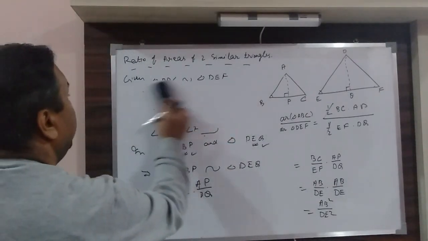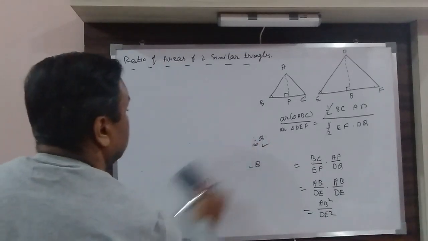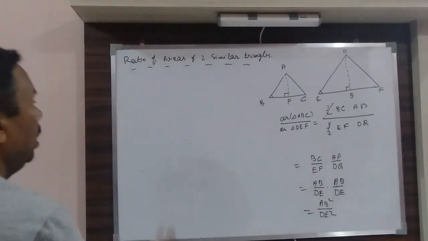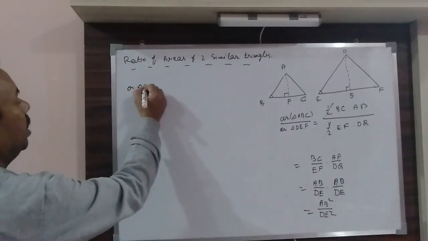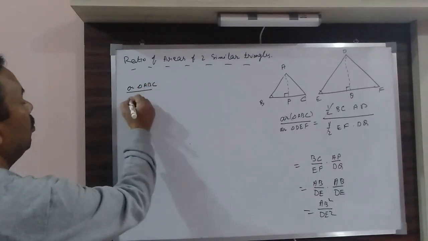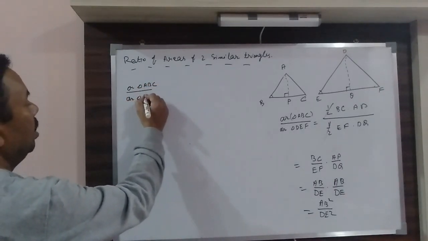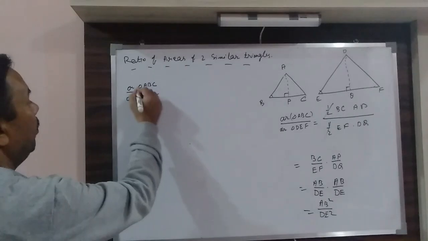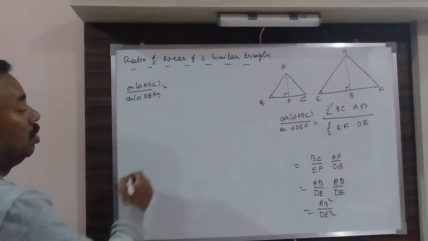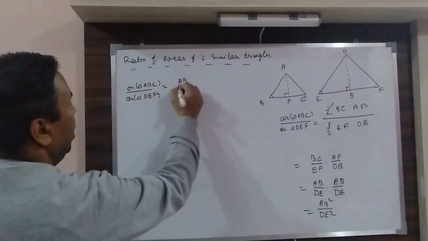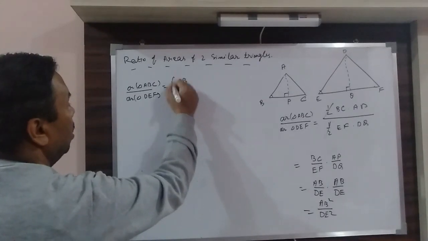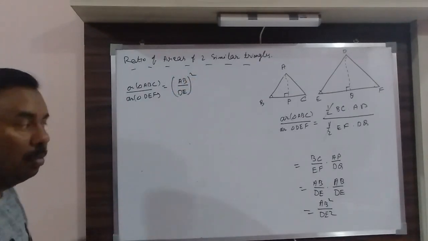So I can write that area of triangle ABC over area of triangle DEF is equal to AB over DE whole square.